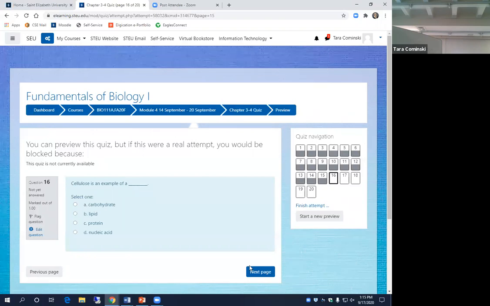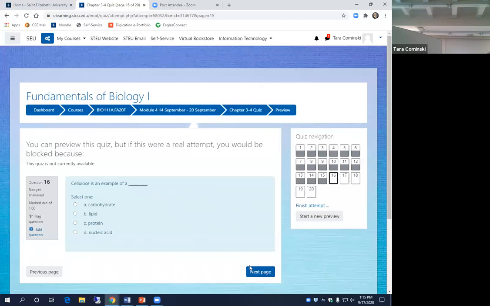Here we go, another cellulose question. Oh no, I didn't ask about cellulose, I asked about starch before. Anyway, what's cellulose? What type of biomolecule? Carbohydrate. And particularly, what type of carbohydrate? Moses, because you asked about this last time, I think.